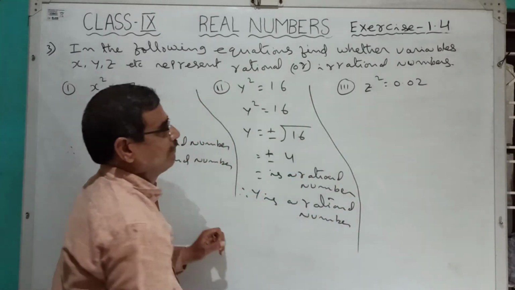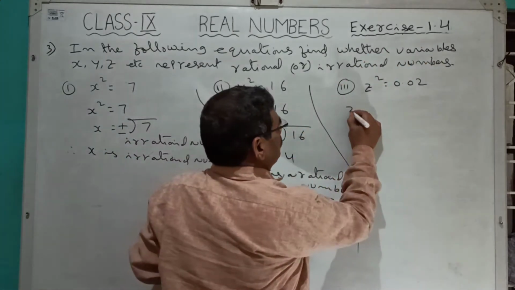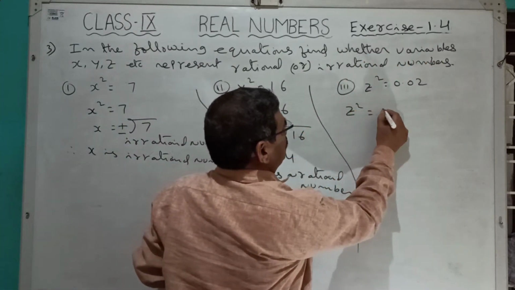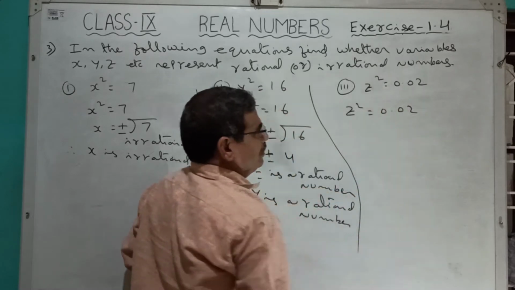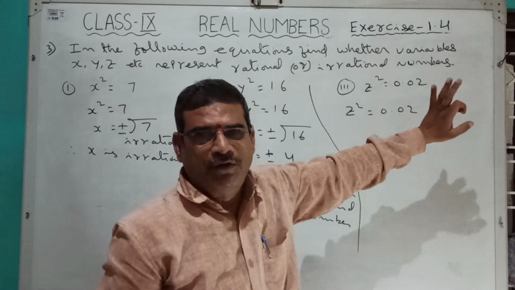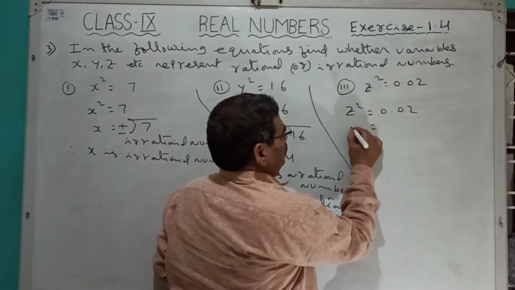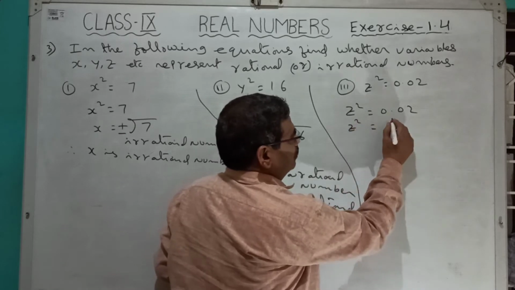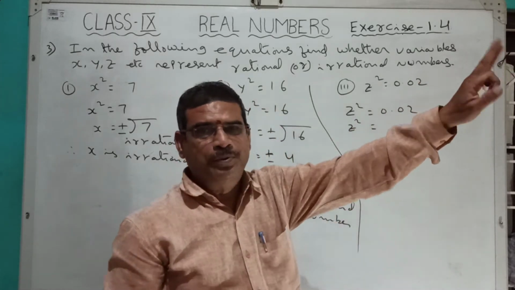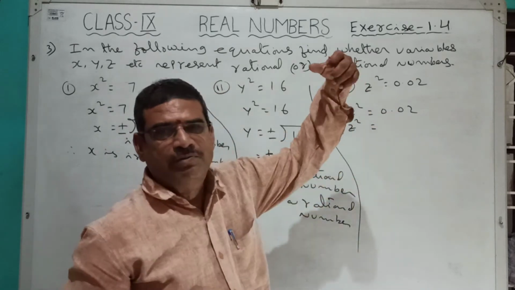So, third one, z square is equal to 0.02. Here decimals are there. First you remove this point, after that the answer will come. So z square is equal to, here after the point two places are there. If I divide by 100, the decimal will go.